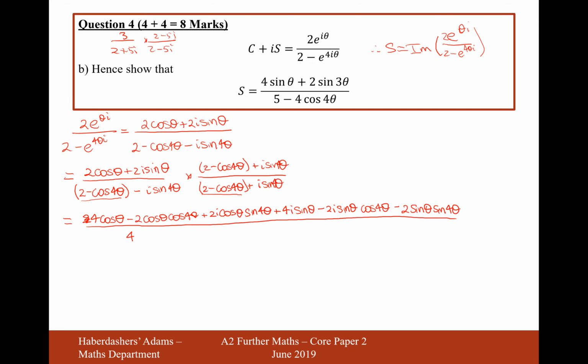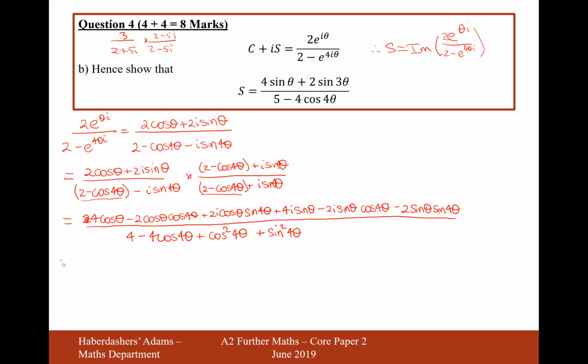So it's going to be 4 minus 4 cos 4 theta plus cos squared 4 theta. Any multiplication of the 2 minus cos 4 theta and the i sine will cancel out with this minus i sine and the 2 minus cos 4 theta. So then it's just going to be minus i times plus i. That'll make it plus sine squared 4 theta.